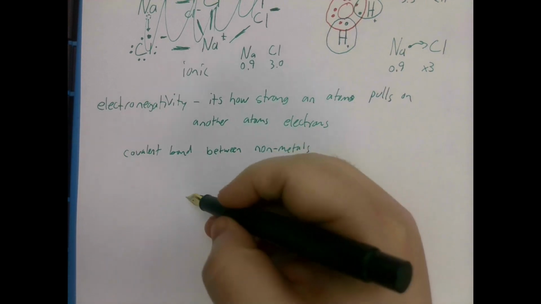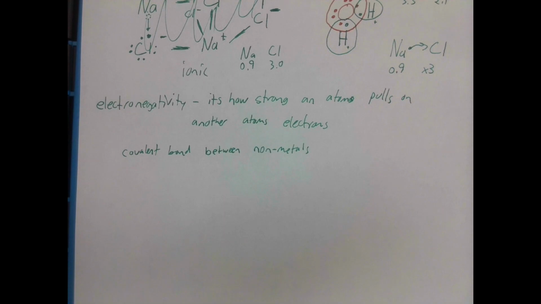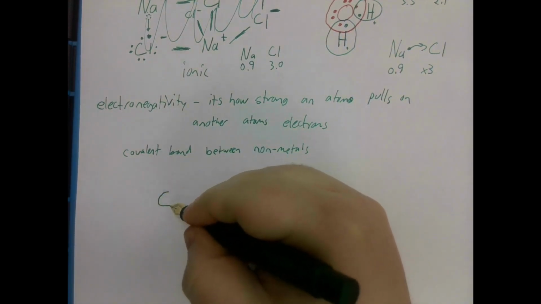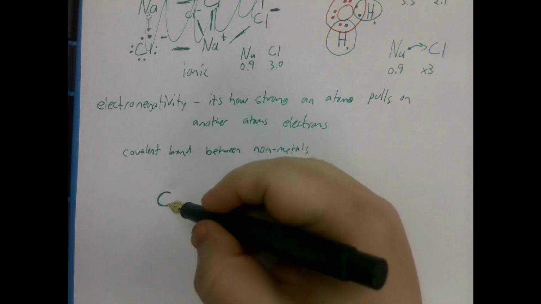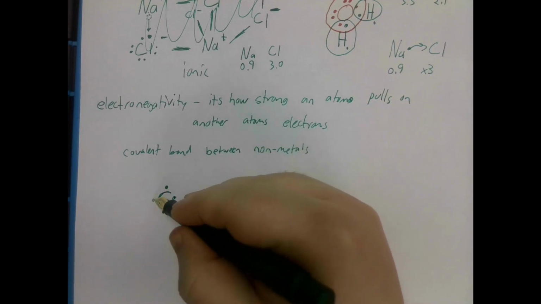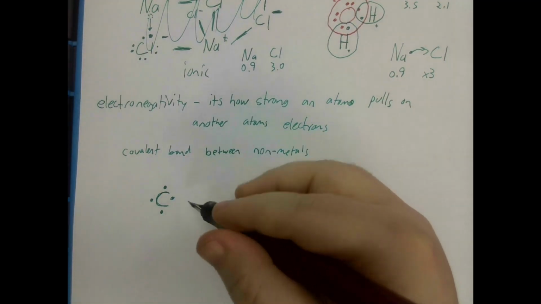So let's do a Lewis dot diagram. How many valence electrons does carbon have? 4. And how many does oxygen have? 6.